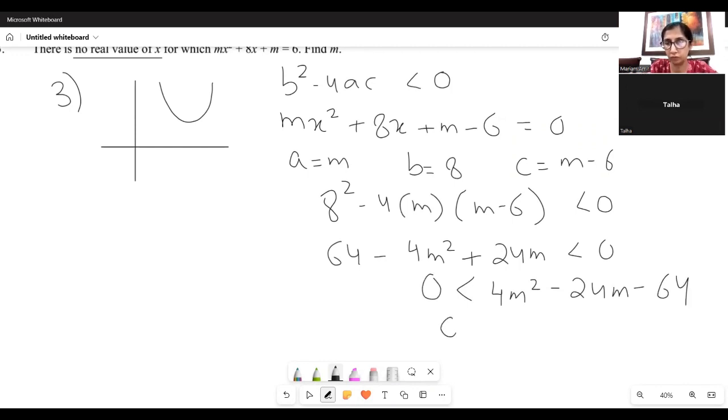Divide both sides by 4 for simplification. So we have 6m here, and what is 64 divided by 4? 16.